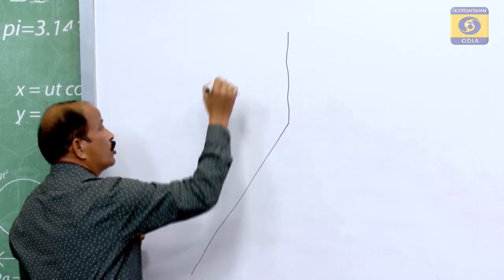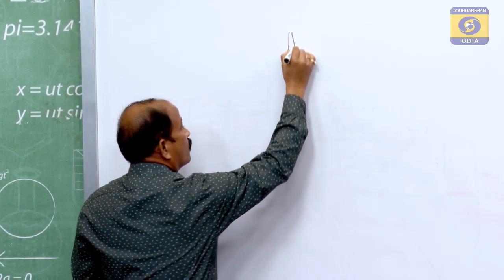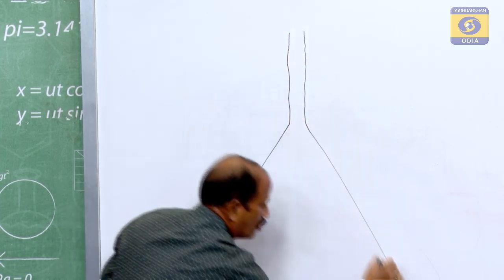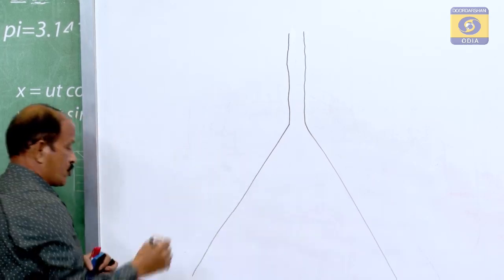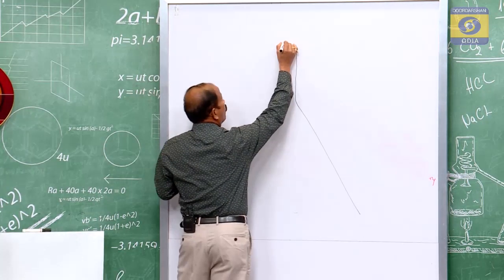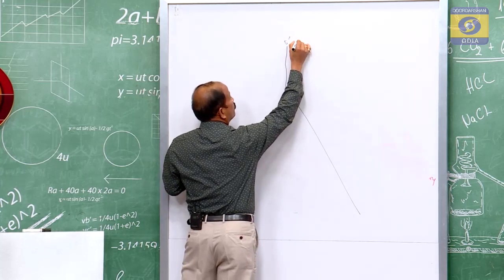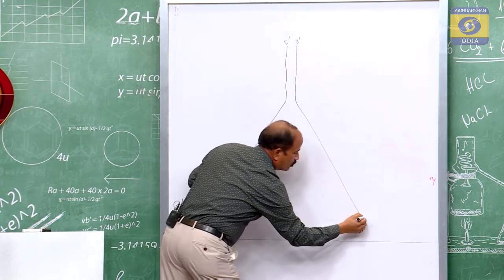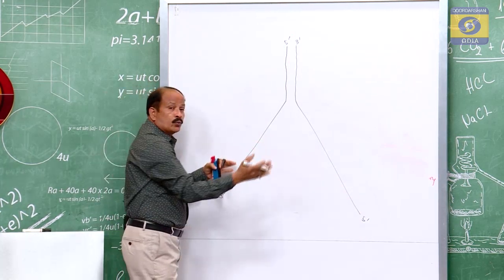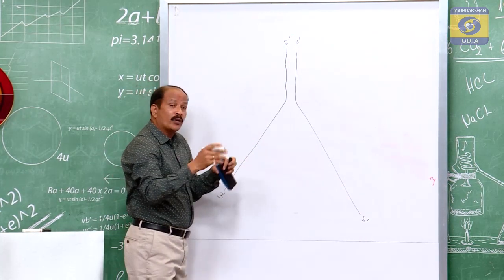Now, this is one strand of DNA, this is another strand of the DNA. This is the 3' end, this is the 5' end, because DNA is antiparallel. So, how are the two strands separated, what protein is involved?